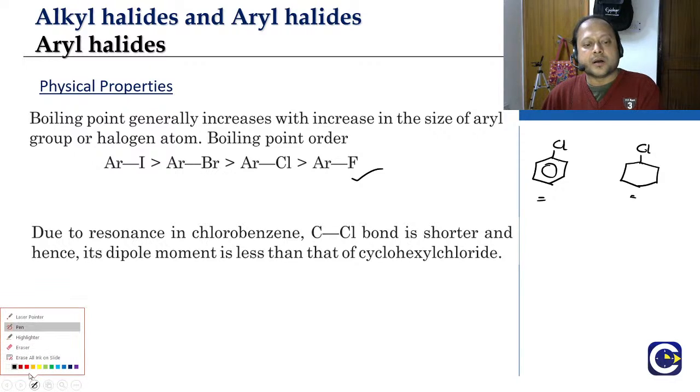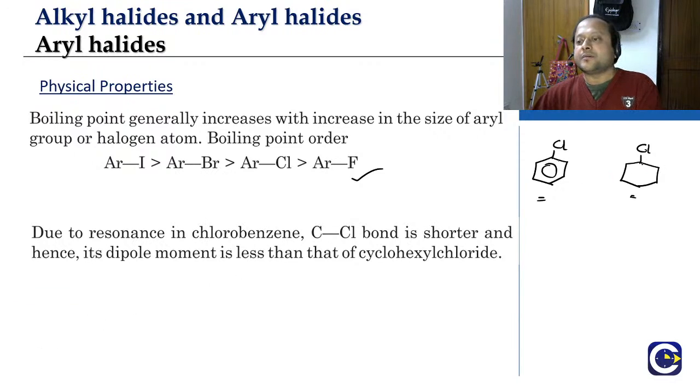Why is it so? You can see that this carbon in chlorocyclohexane is of sp3 hybridization, while this carbon of benzene has got sp2 hybridization. That means the polarity difference is less here while it's large there. Larger the difference in polarity, higher the dipole moment.